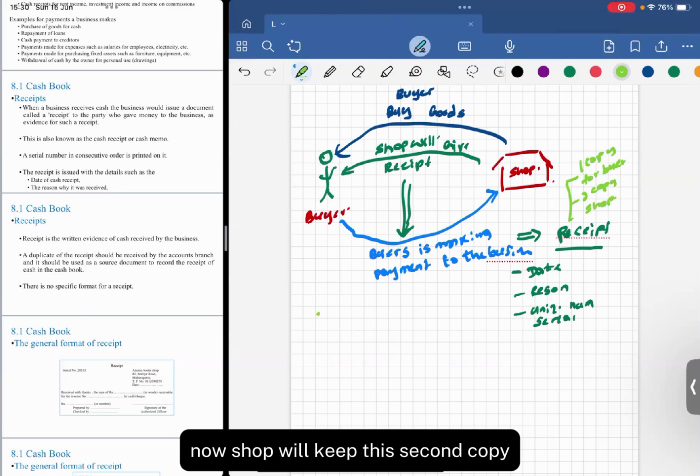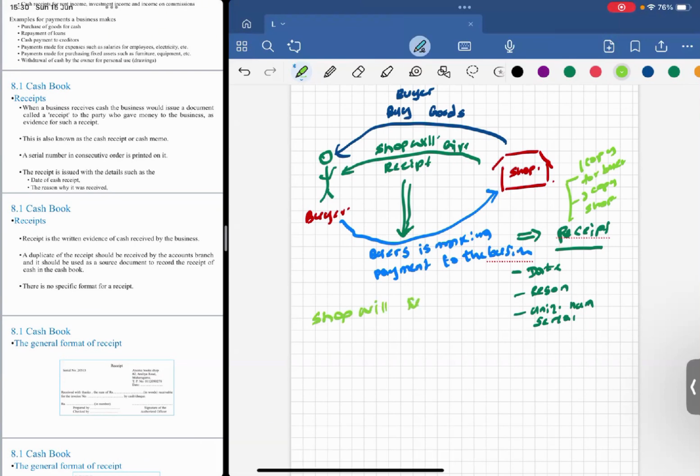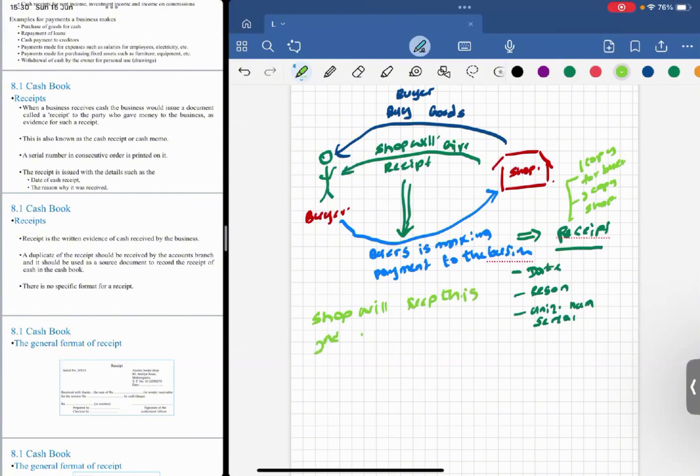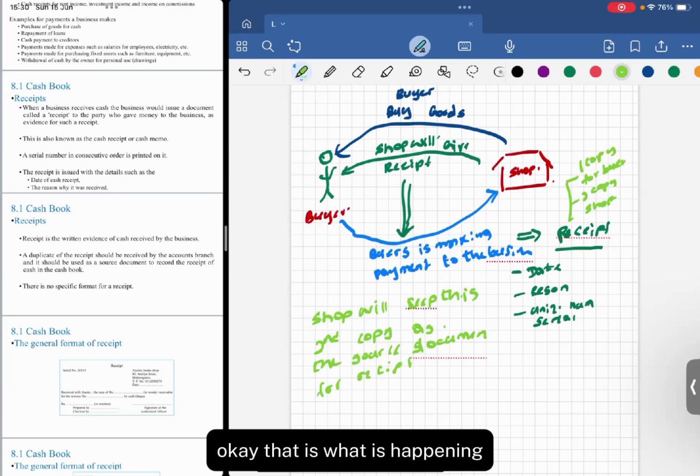The shop will keep this second copy as the source document for the receipt. That is what is happening.